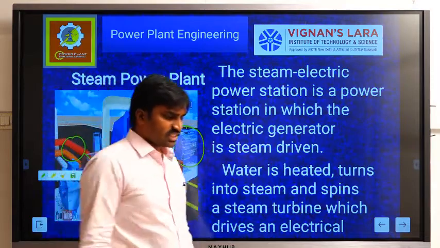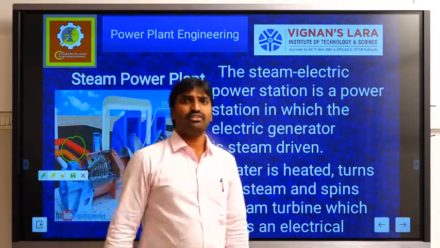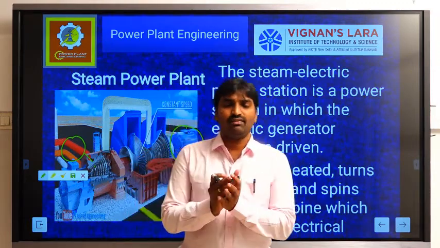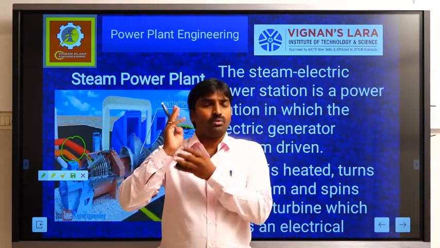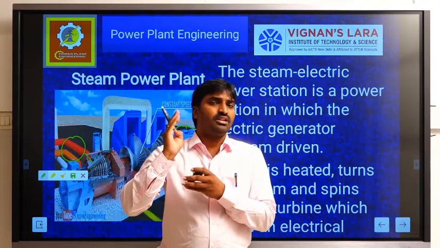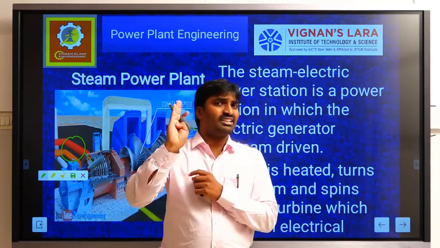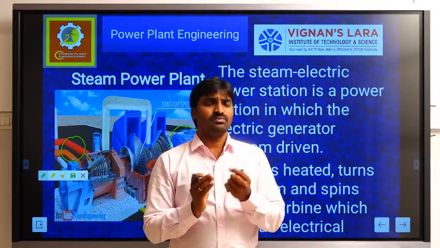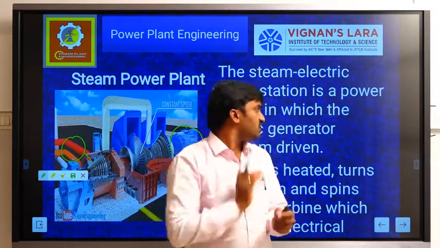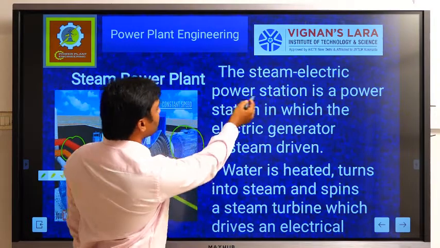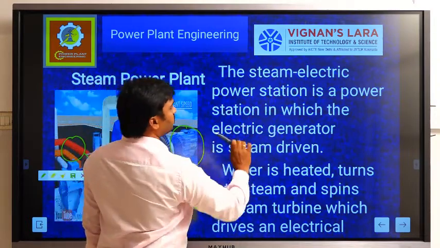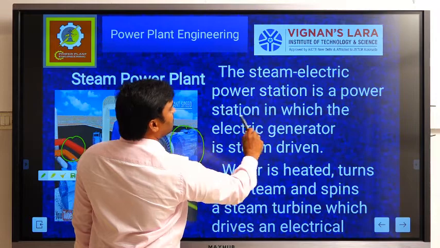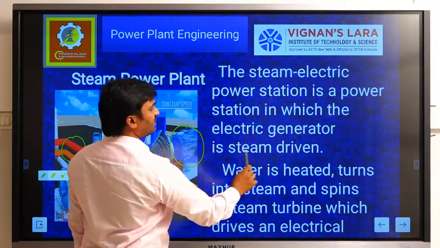So in a power station, for example, if you consider a steam power plant, what can we do with it? In a steam power plant, the first thing is we need 4 important components. Among those, the boiler is the first. What happens in a boiler? In a boiler, the liquid is converted into steam. A steam power station is a power station in which the electric generator is steam driven.